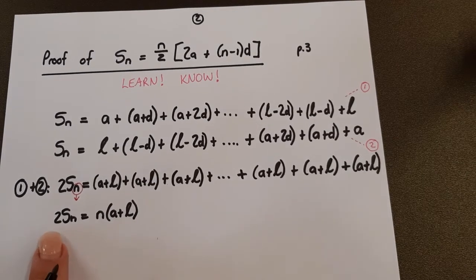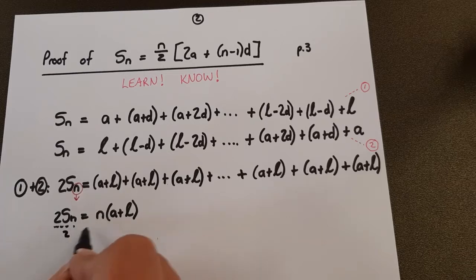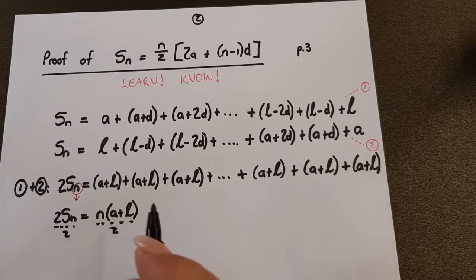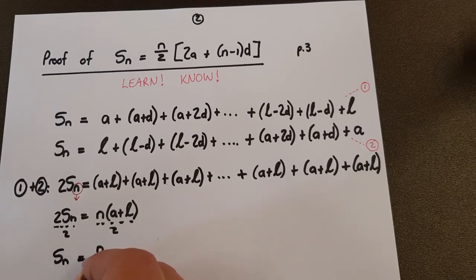Let's get rid of this 2 here to only get the sum of the n terms. So we divide by 2 on both sides. Then Sn will be n over 2 times a plus l.